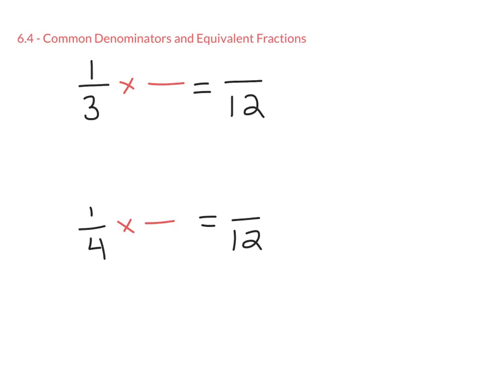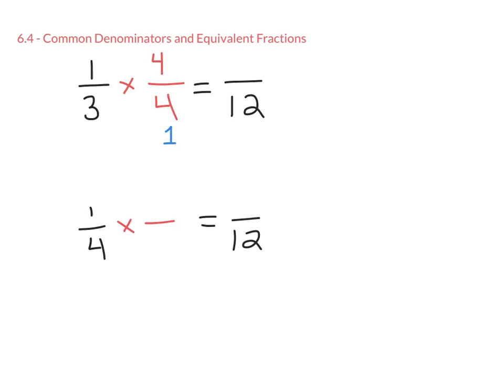Think about this. 3 times what is 12? 3 times 4 is 12. If we multiply the denominator by 4, we must also multiply the numerator by 4. This way, when we multiply 1/3 times 4/4, what we're really doing is multiplying 1/3 times a fraction equal to 1. So we're not changing the value of 1/3.